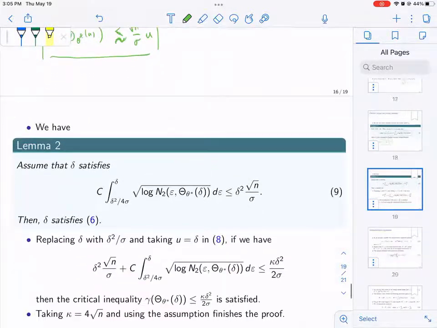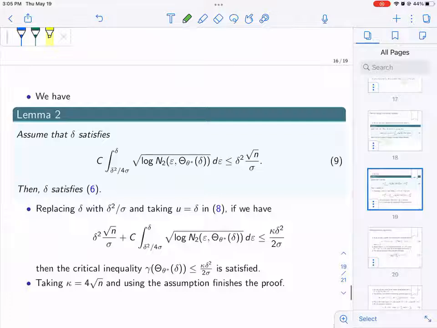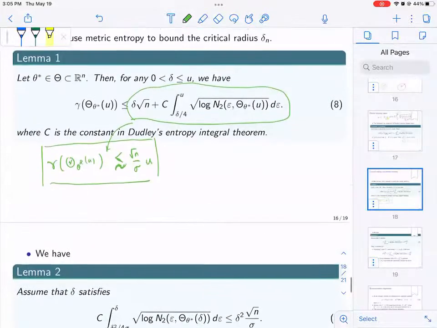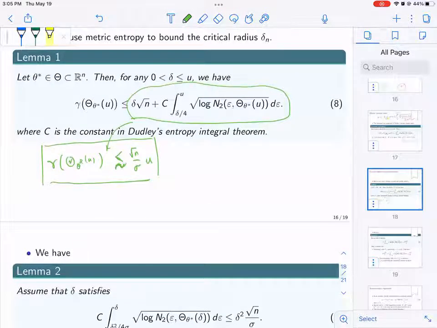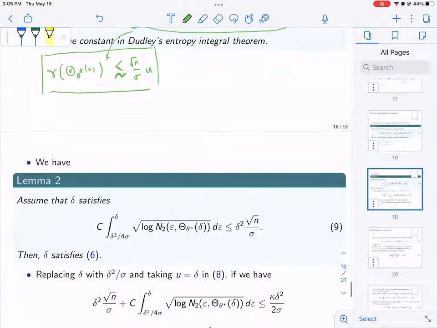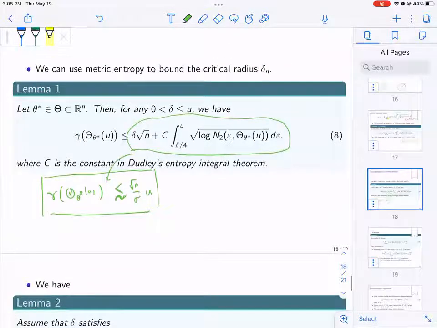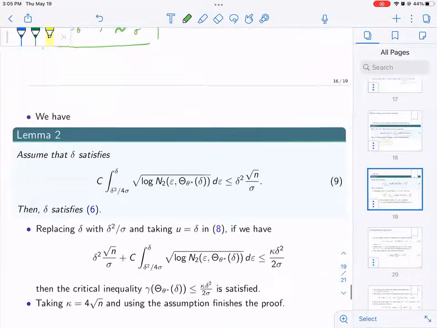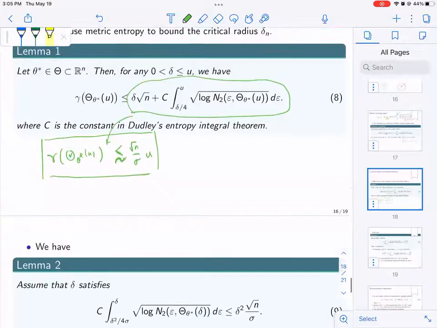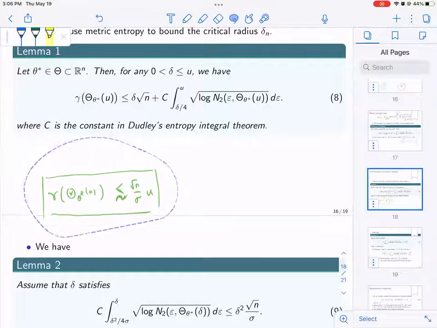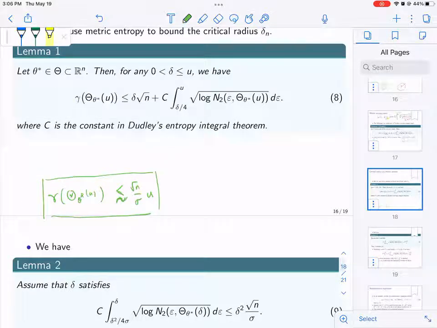So let's see how it goes. Yeah, so it's a little bit tricky. Unfortunately, this is a little bit tricky. So what I'm going to do is that this result holds for any u, for any delta.